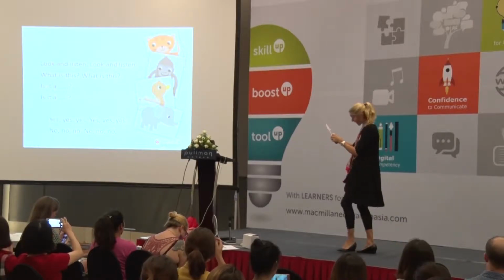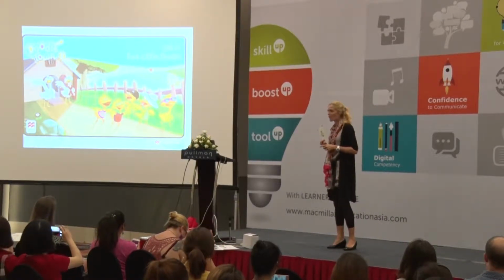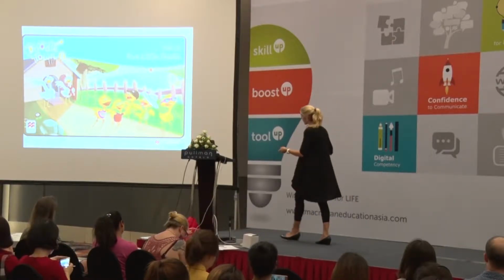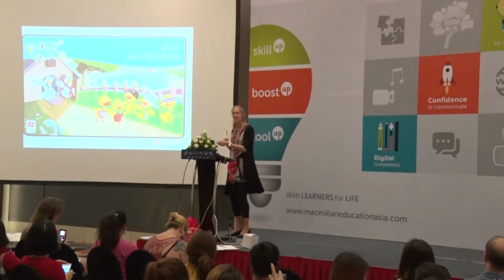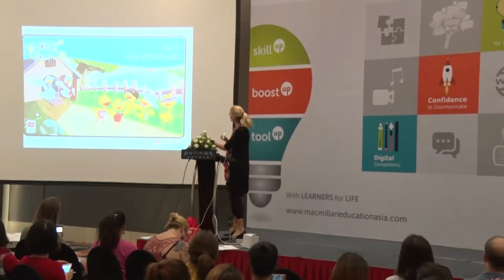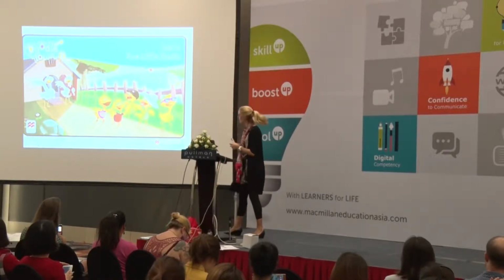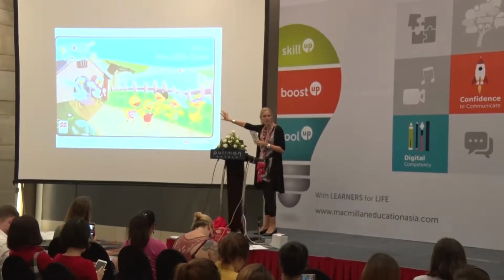So this is our duck, and we're going to listen to a story. How many ducks can you see here? 5 or 7. Let's count them together. 1, 2, 3, 4, 5, 6, 7. So are they the same ducks or are they different?